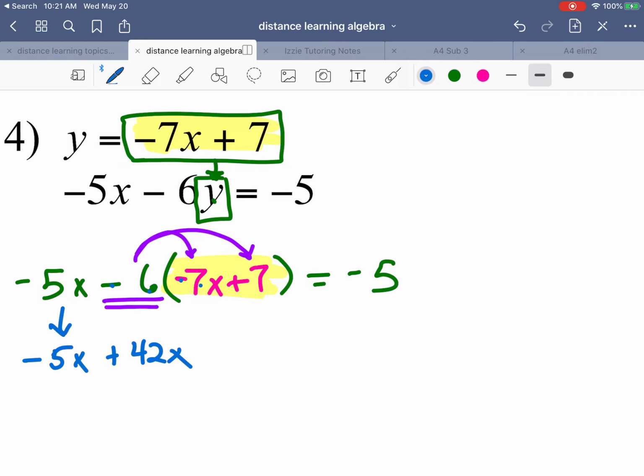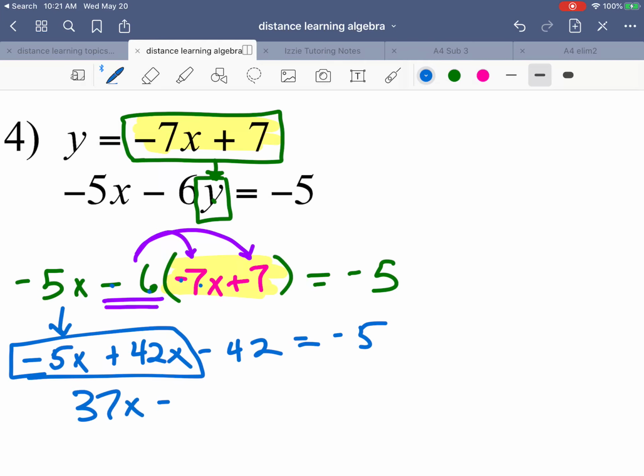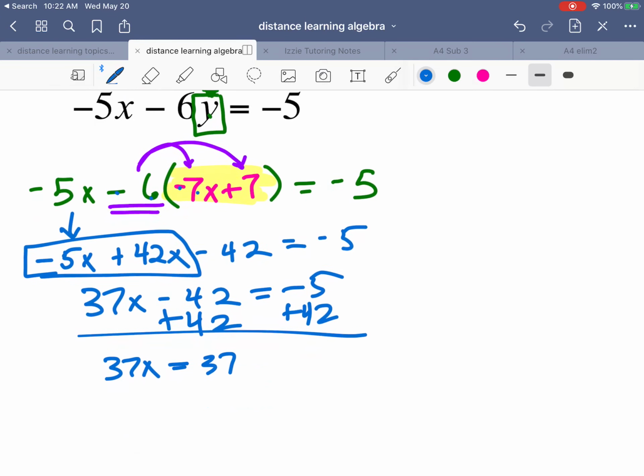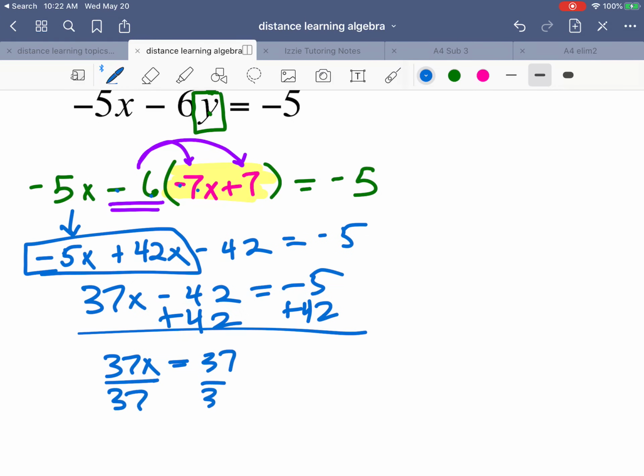Negative 6 times positive 7 is minus 42. Drop the equals, still equal to negative 5. I can combine these two things because they're on the same side. I get 37x. If I add 42 to both sides, I get 37x equals 37, looking good. Divide by 37, and x equals 1.